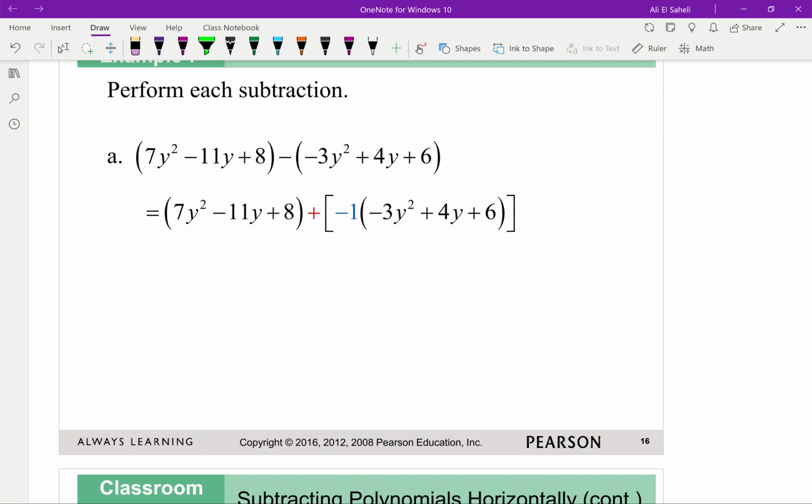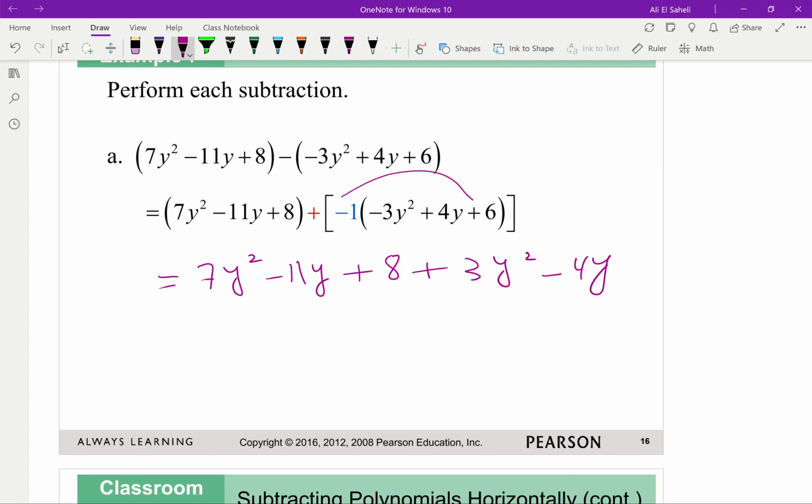So we have 7y squared minus 11y plus 8 plus minus minus, that's 3y squared, minus plus, that's minus 4y, and minus plus is minus 6.